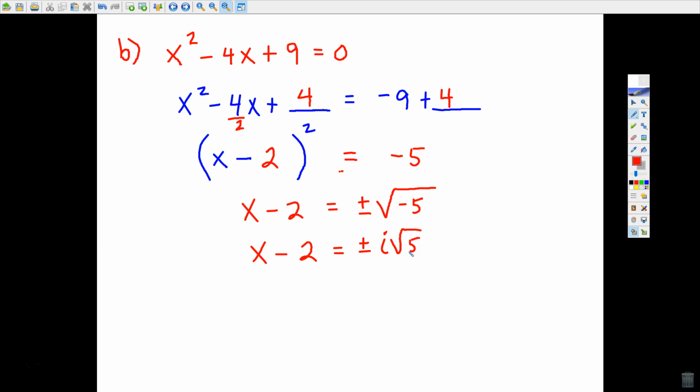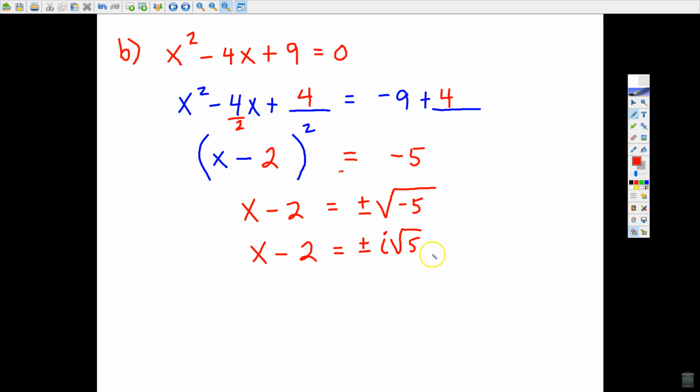But since we're going to stay consistent with our instructions and leave this in decimal form rounded to the hundredths, let's go ahead and find the square root of 5. The square root of 5 rounded is 2.24.